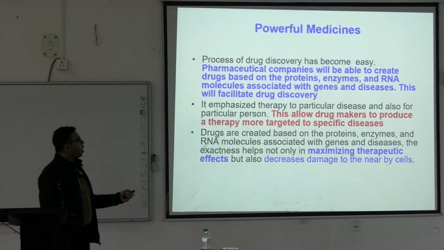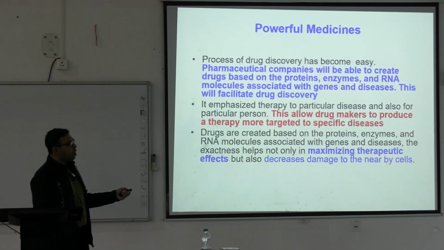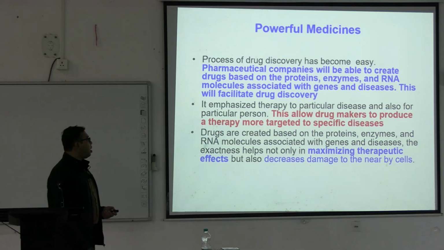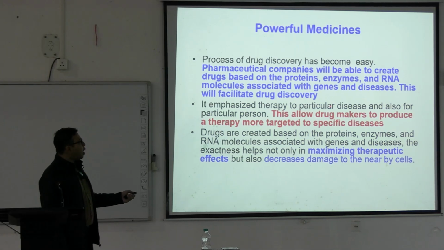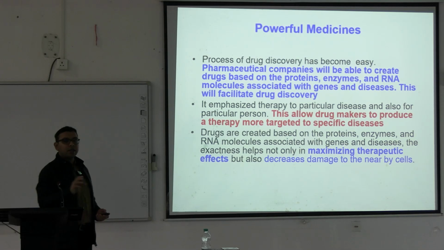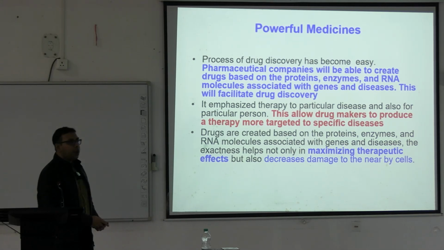The benefit of pharmacogenomics is that we are moving to a more concise and powerful medication. Pharmaceutical companies ultimately want to be able to create drugs based on the proteins, enzymes and RNA molecules associated with genes and diseases, basically on proteomics and genetics. So it emphasizes therapy for a particular disease and also for a particular person, not only a disease in blanket terms. This allows drug makers to produce a therapy more targeted to a specific disease.